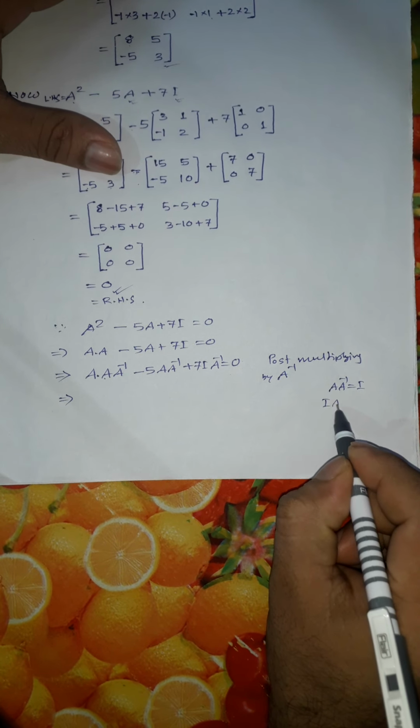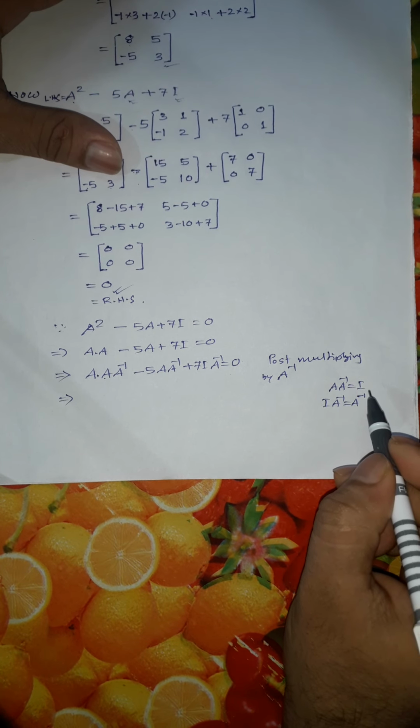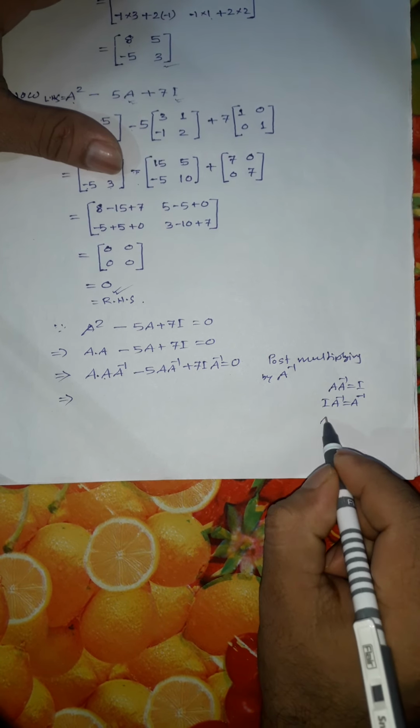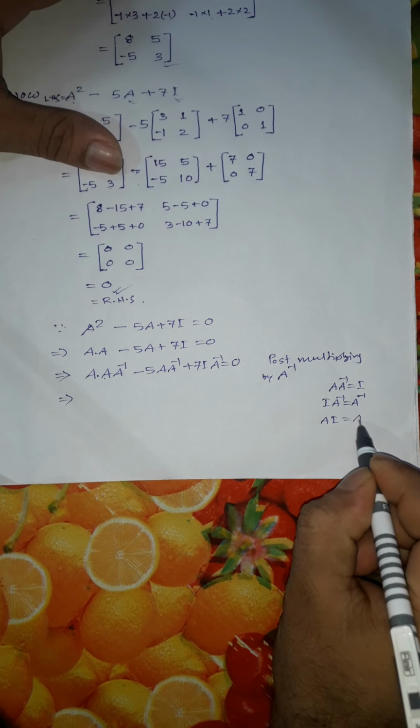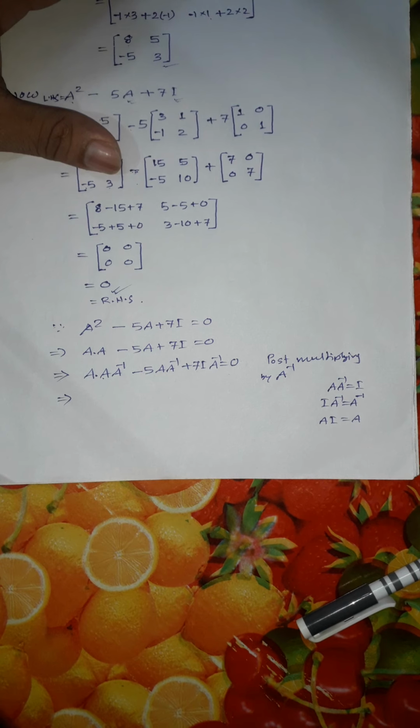I into A inverse will be A inverse. A into I will be A. Here I is like 1 in number system. The identity matrix is like 1 here.